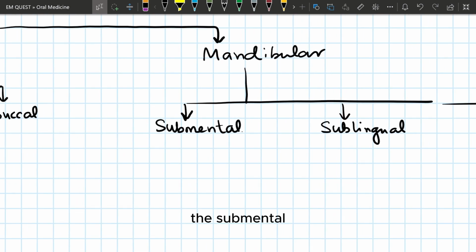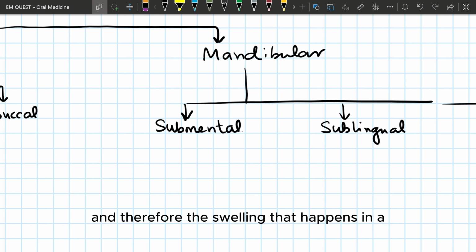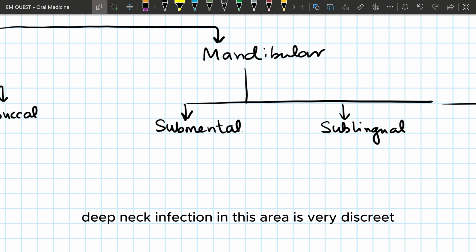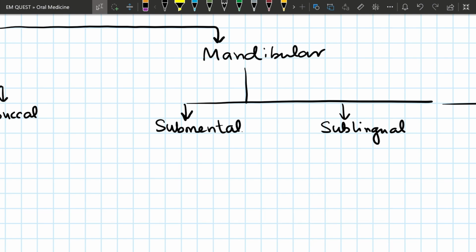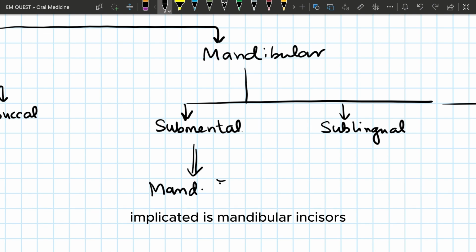The submental space is bound by the digastric muscles, and therefore the swelling that happens in a deep neck infection in this area is very discrete. Normally, the teeth that are implicated are the mandibular incisors.